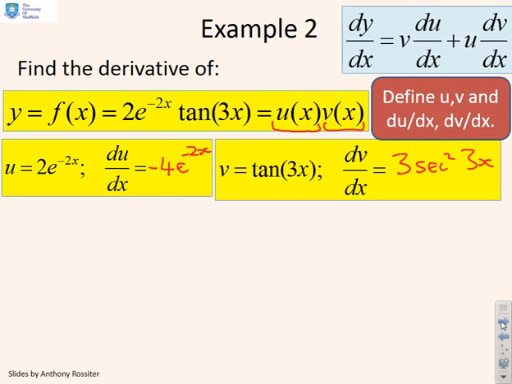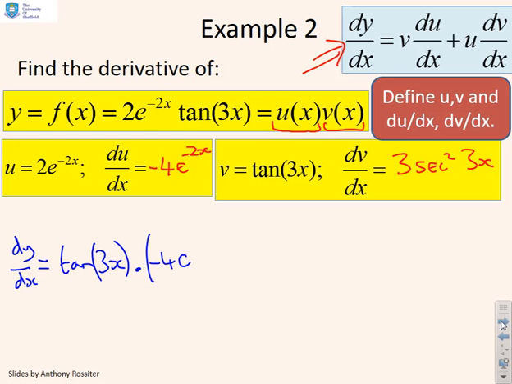Sorry, I didn't mean to skip then. Now all I do is plug these values into the formula. dy dx is going to be v, which is tan 3x, times, I'll put brackets there to make it clear, du dx, so that's minus 4e to the minus 2x, and then plus u, which is 2e to the minus 2x, times dv dx, which is 3 sec squared 3x.